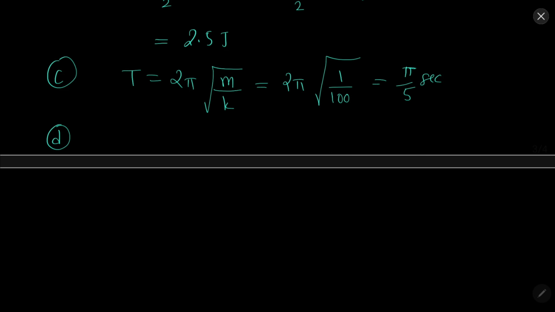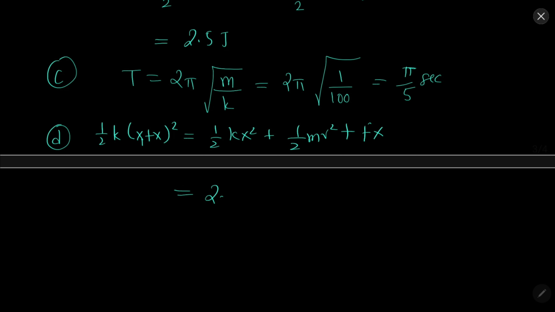Then D part. This is SHM, so total energy remains constant. So half k (x1 plus x) whole square equals half kx1 square plus half mv square plus Fx1.